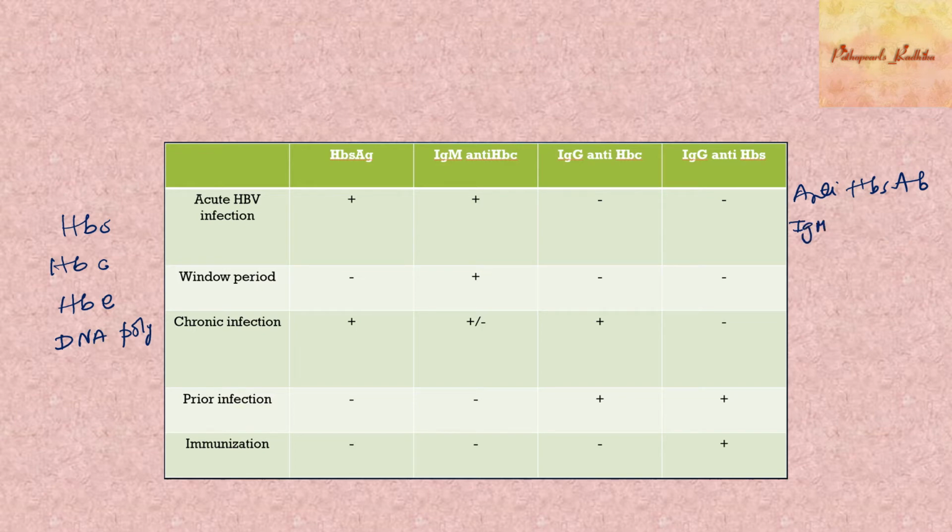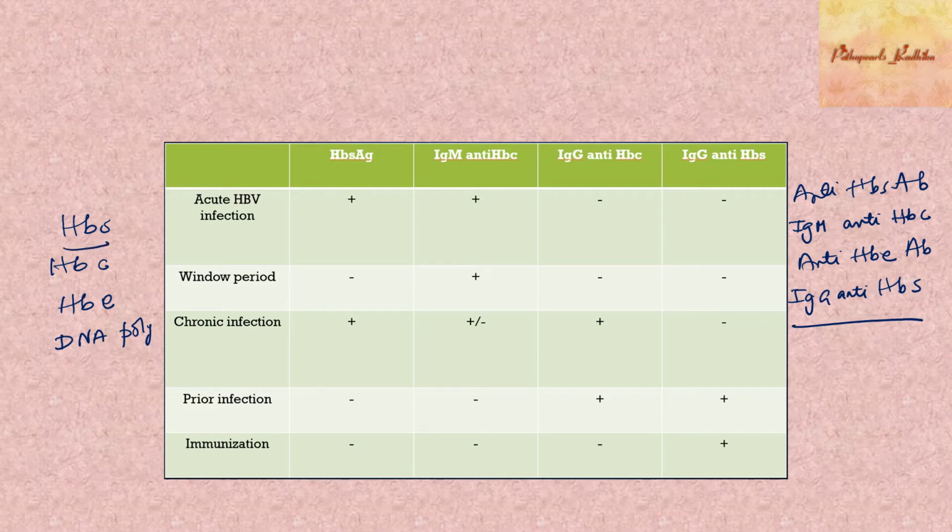It could be IgM or IgG. So you have IgM anti-HBC, which is antibody against the core antigen. Then you have antibody against HBE, which is anti-HBE antibody. You can have antibody against your surface antigen, which could be IgG or IgM anti-HBs antibody.